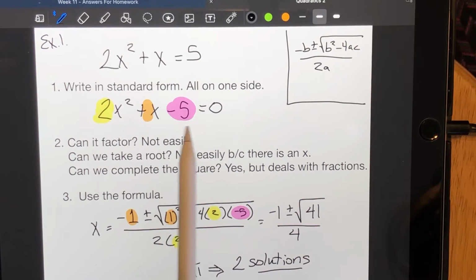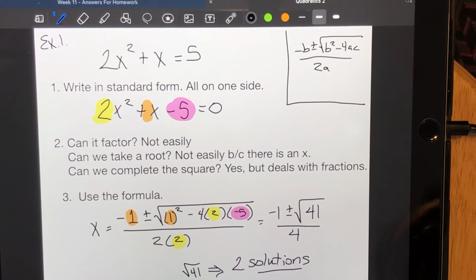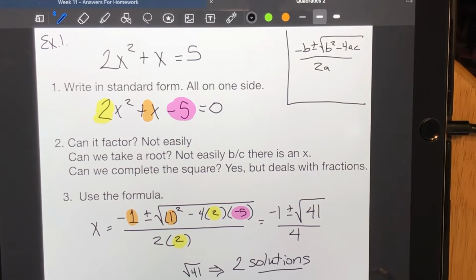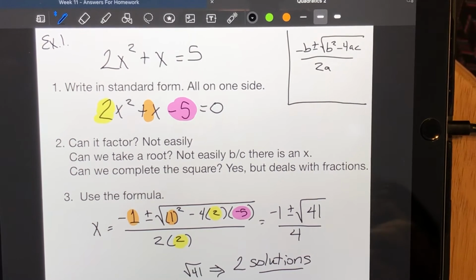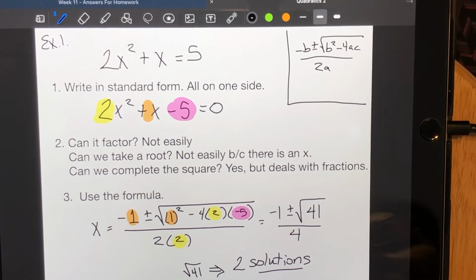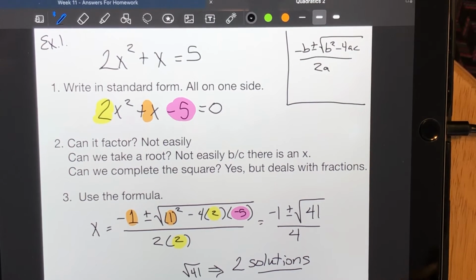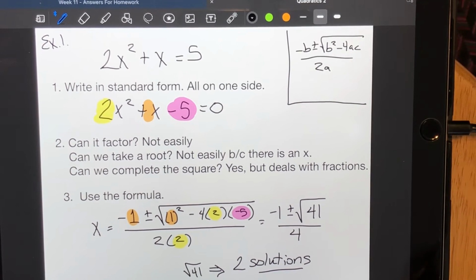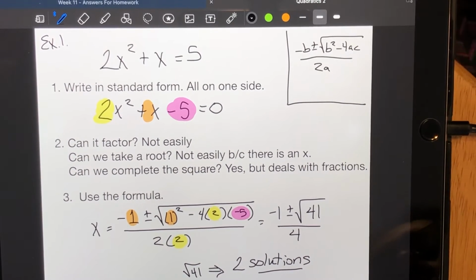I'm left with 0. Now I'm in standard form, and I can move forward. Can I factor this? Well, yeah, I could, but not easily. Can I take the root of it? No, because I have two different x families there. Could we complete the square? Yes, I absolutely could. It's going to involve a lot of fractions, and I don't personally like working with fractions. So let's just go ahead and use the formula.